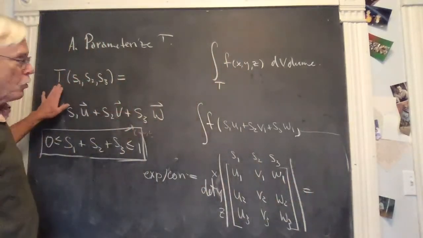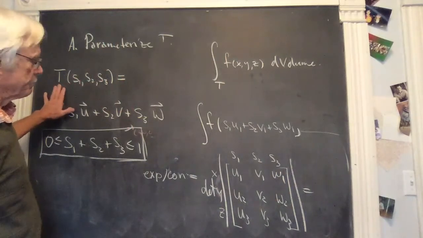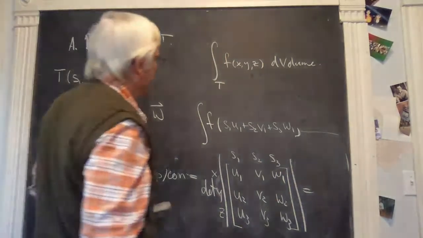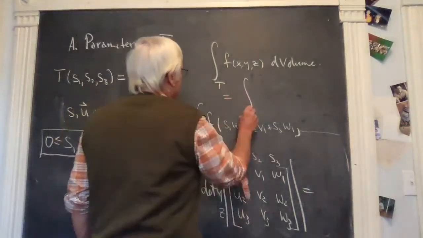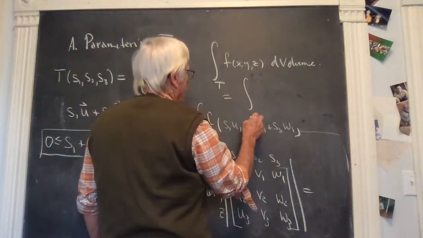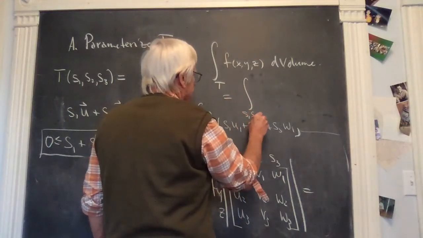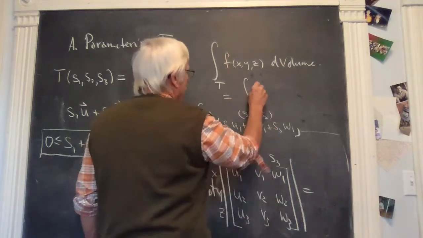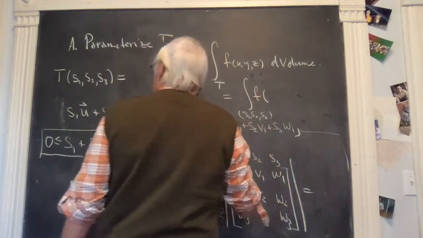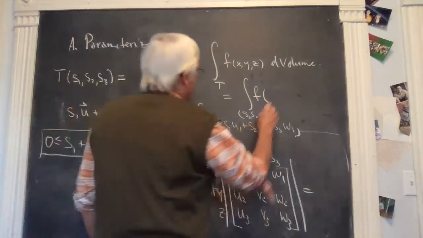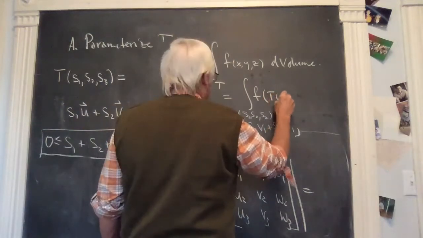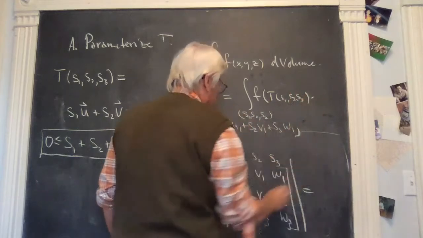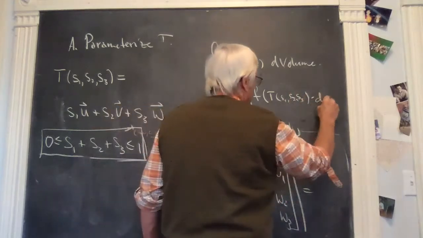Again, we're integrating over a tetrahedron. So this is equal to, I'll just put S1, S2, S3 here. This is what we're going to figure out next. So this is f of T of S1, S2, S3. The expansion contraction factor is this determinant.